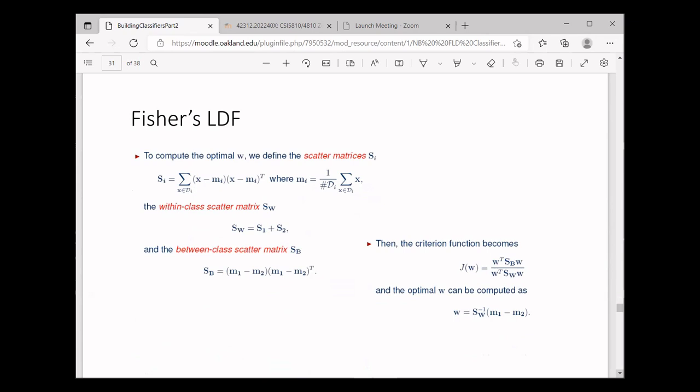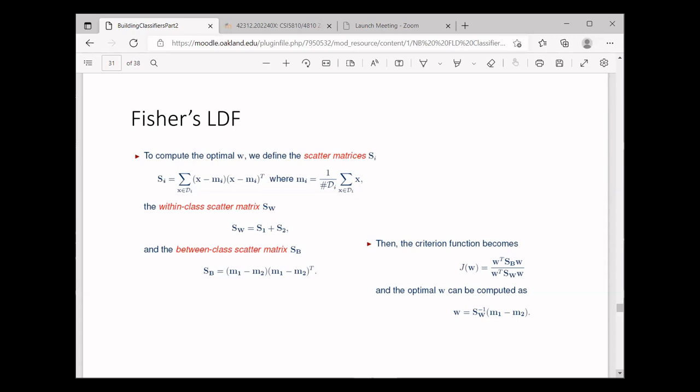What we are going to do is to define the scatter matrices, which I had defined earlier. So basically what we have done here is just shown them again. And if you look at the right hand corner, that is where you see the formula for the weight vector W, which will maximize the Fisher's criterion function.